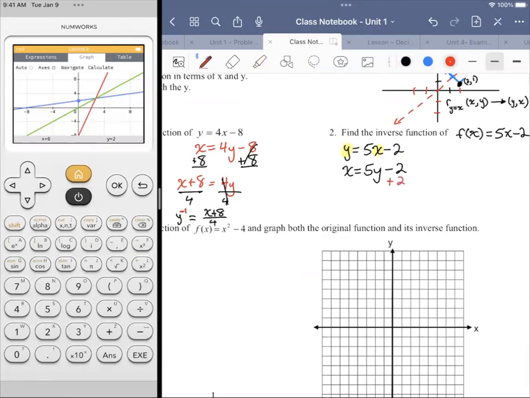So add 2 to both sides. X plus 2 is equal to 5y. I want to get the y alone, so I'm going to divide out the 5. Just going to write this over here. So this is the same as saying y is equal to x plus 2 over 5.